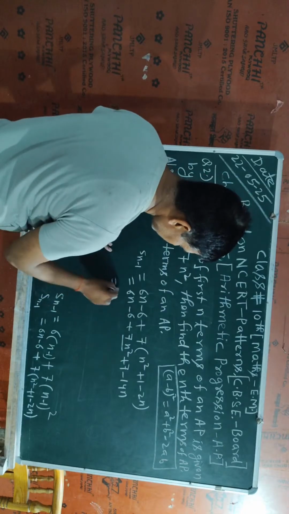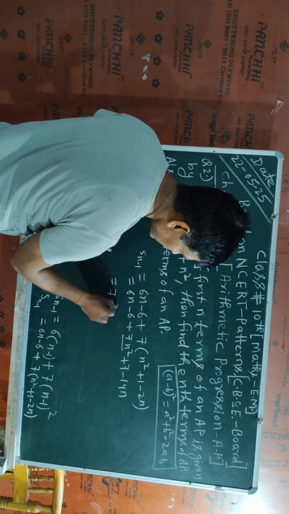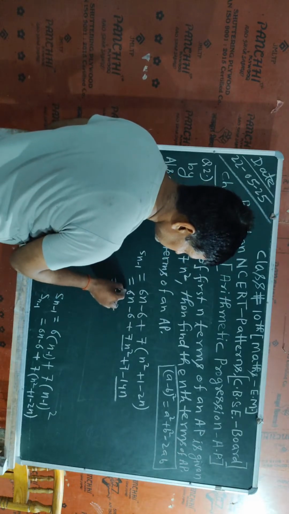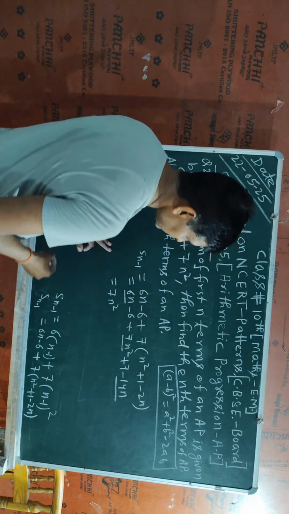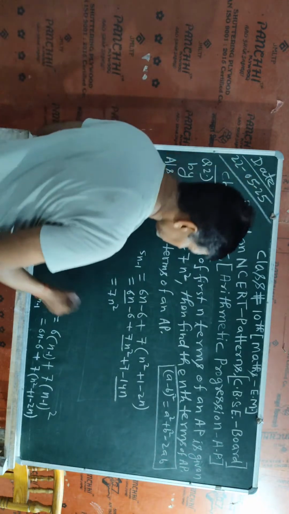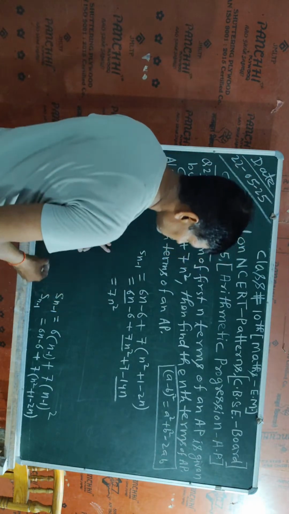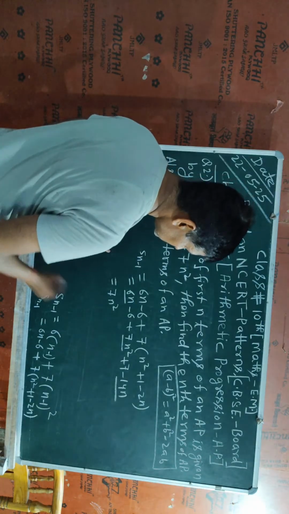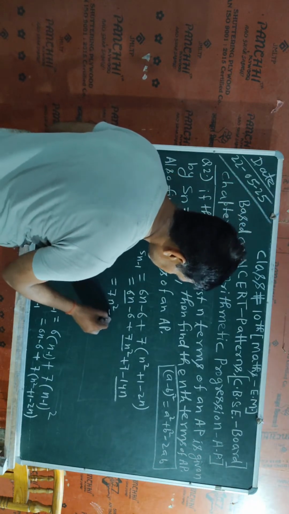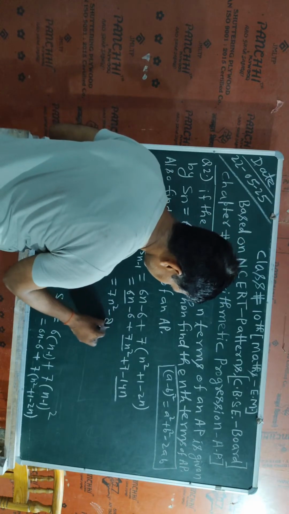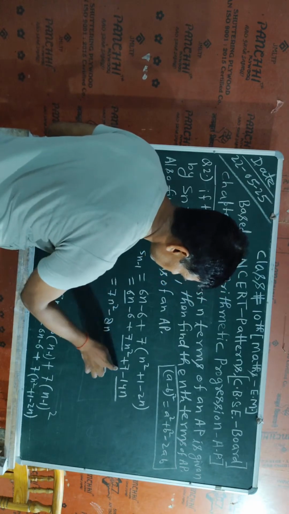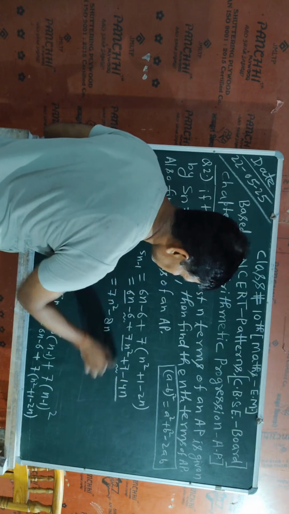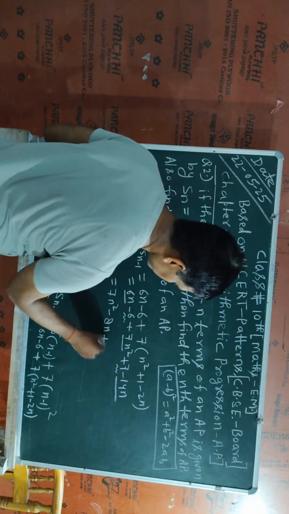This time I will write 7n square, and this will be minus 14n and this is plus 6n, so here will be minus 8n, and here is plus 7, here is minus 6, so this will be plus 1.